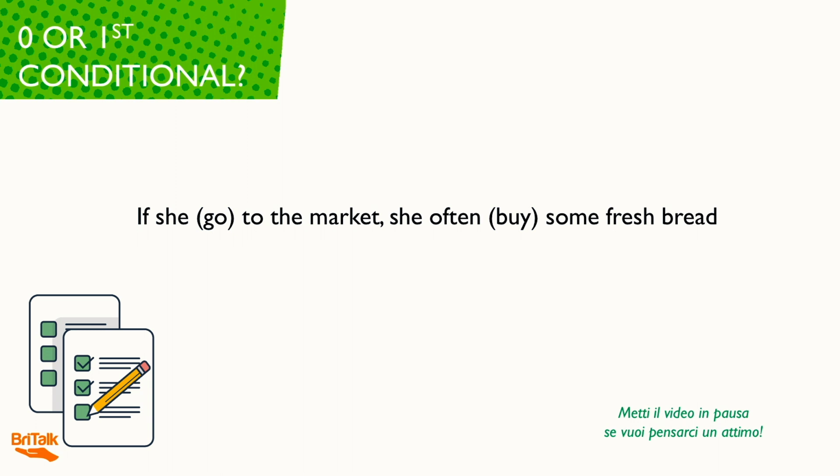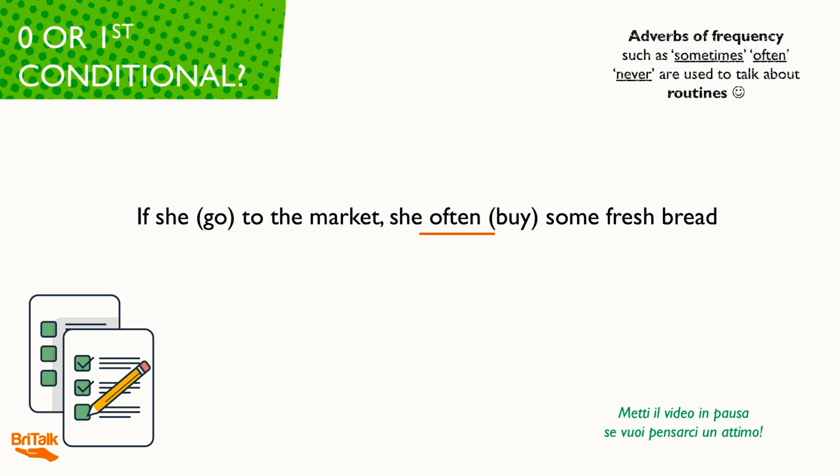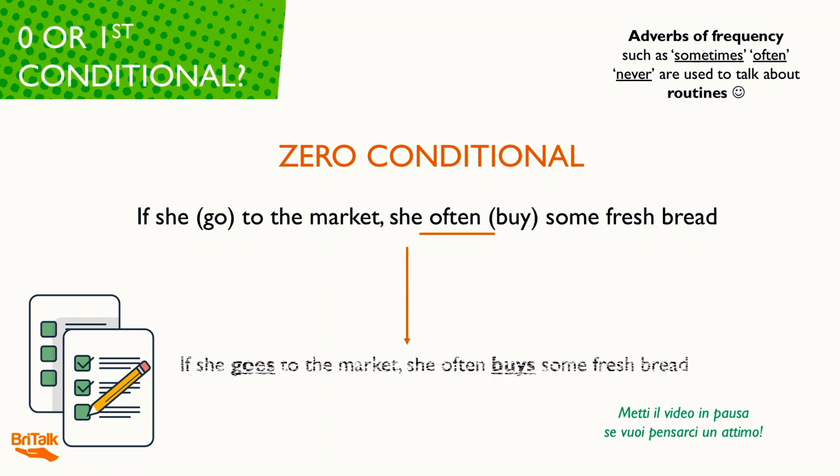Exactly, we're talking about a general truth, and we know that because there is the adverb often. And as we know, adverbs of frequency such as sometimes, often, never are used to talk about routines. So here we need the zero conditional. If she goes to the market, she often buys some fresh bread.